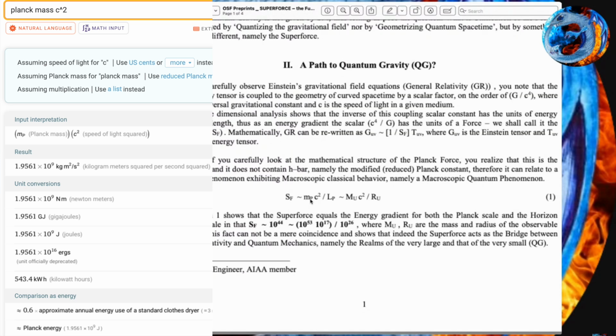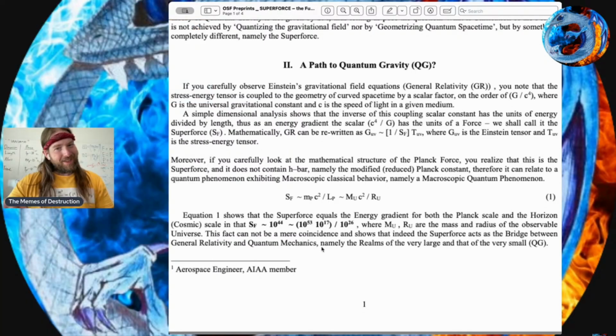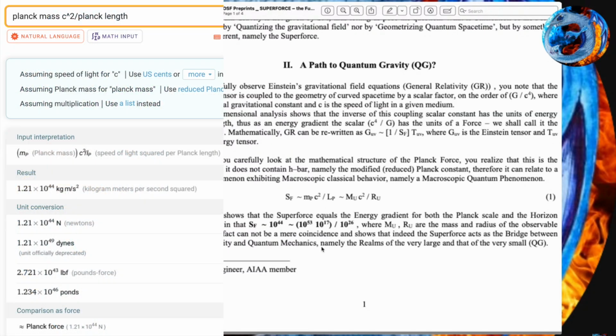And when you divide it by the Planck length, you're taking out one Planck unit of length from the Planck energy, which gives mass times distance divided by time squared. So that's going to give us the Planck force.